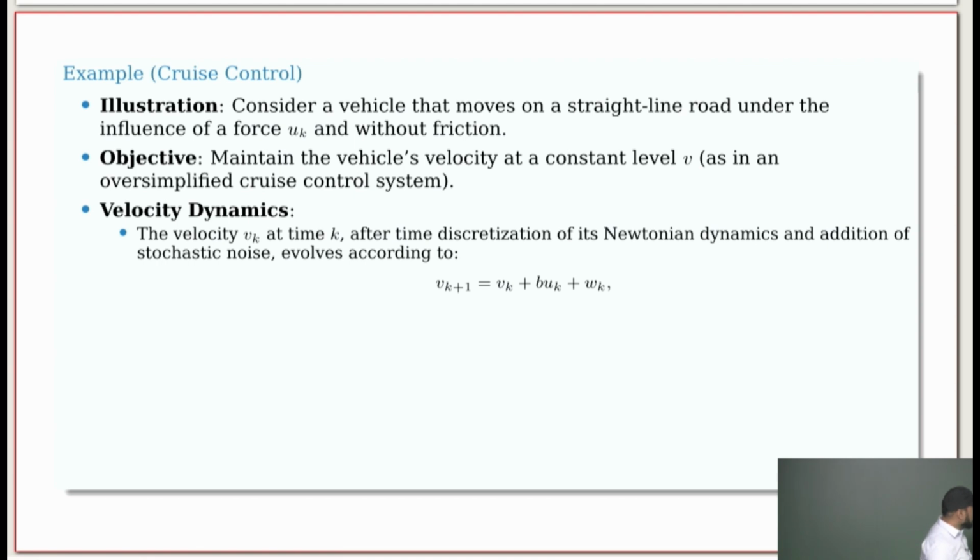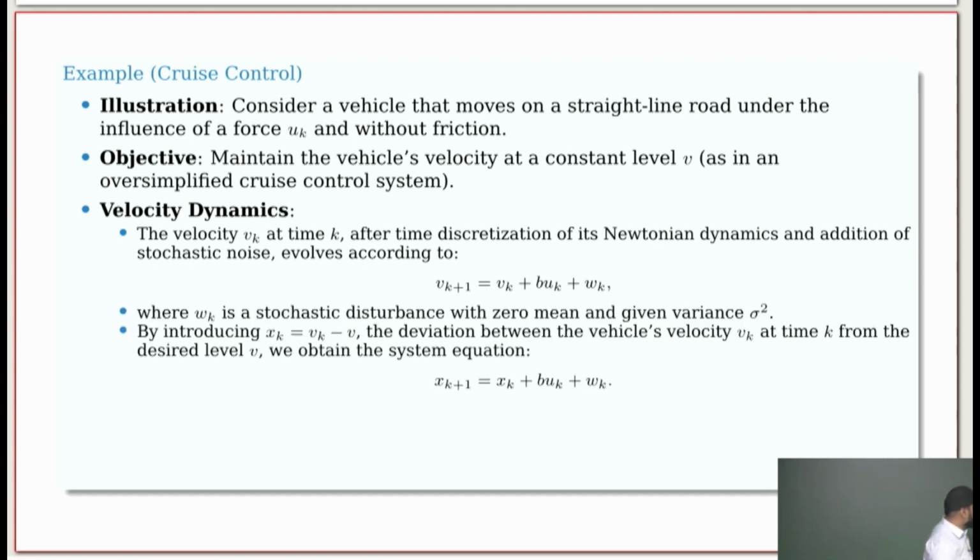So again, the nature of the disturbance is also important. To simplify, we can say it's a zero mean plus some variance kind of disturbance. But if not, then there will be a mean there as well. So what we are saying in this model is wk is a stochastic disturbance with zero mean and a given variance sigma square. So this is a noise, but a specific kind of noise with zero mean and variance sigma square.